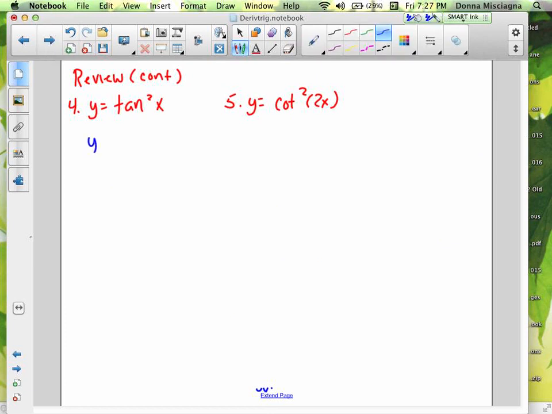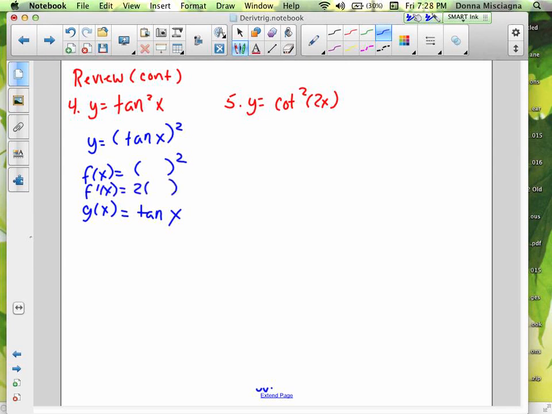We can rewrite this as y equals tangent x all squared to help you think about the derivative, and this would be a chain rule. The outside function is blop squared. The inside function is the tangent x. Derivative of blop squared is just 2 blop.